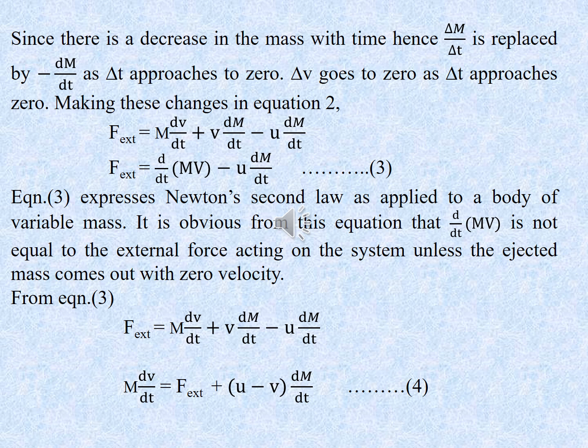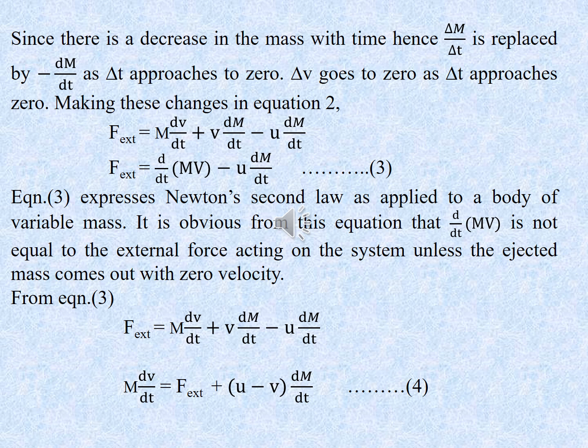Making these changes in equation 2, we get F external is equal to m dv by dt plus v dm by dt minus u dm by dt. The above equation can be written as F external is equal to d by dt of mv minus u dm by dt. That is equation 3.